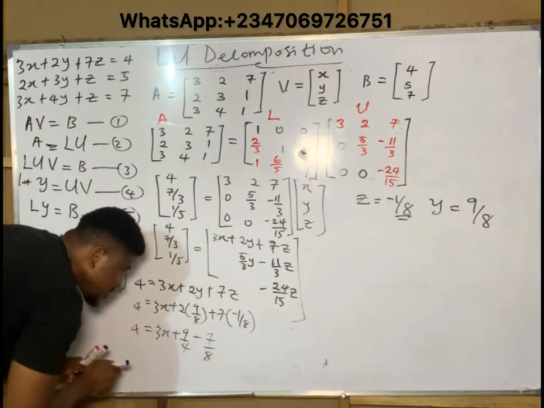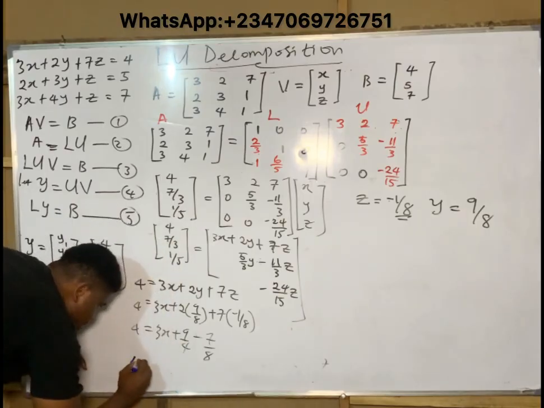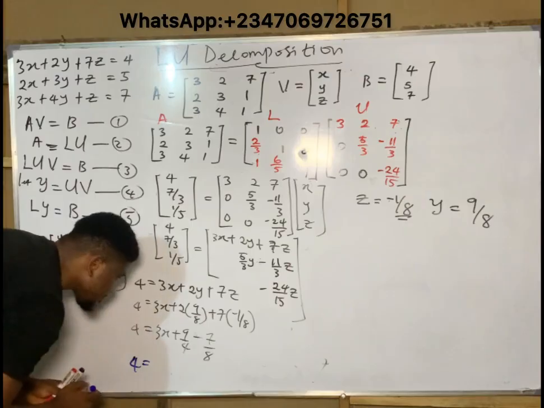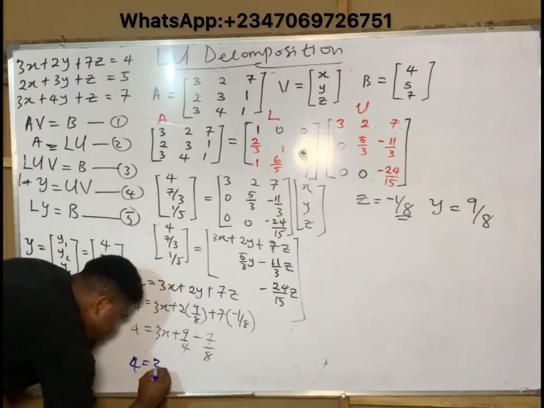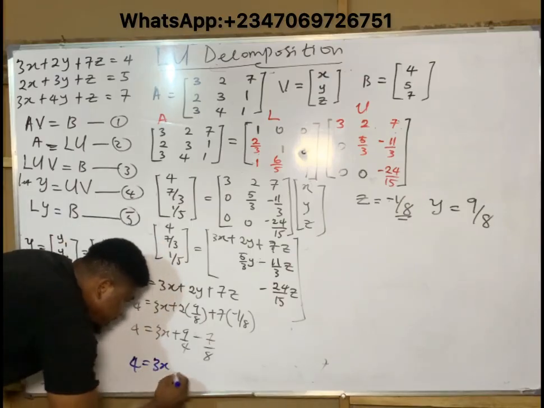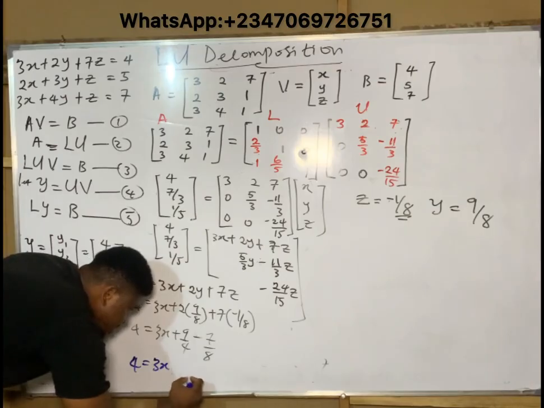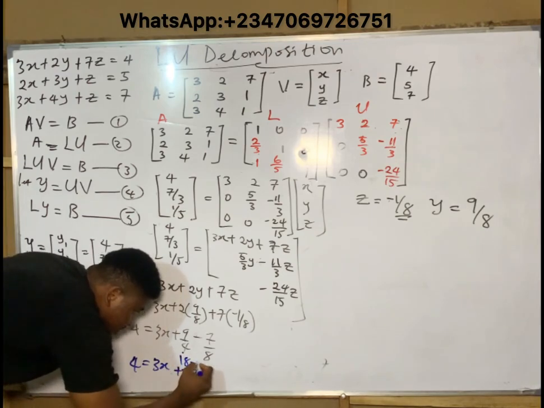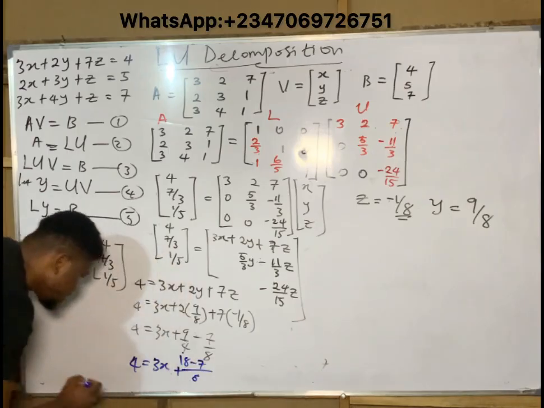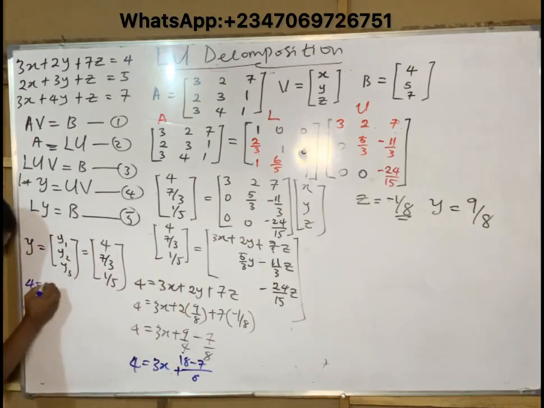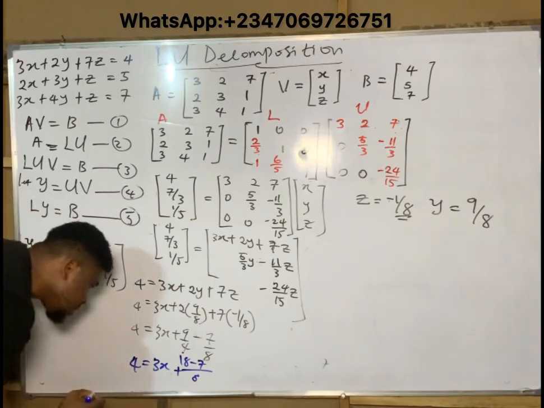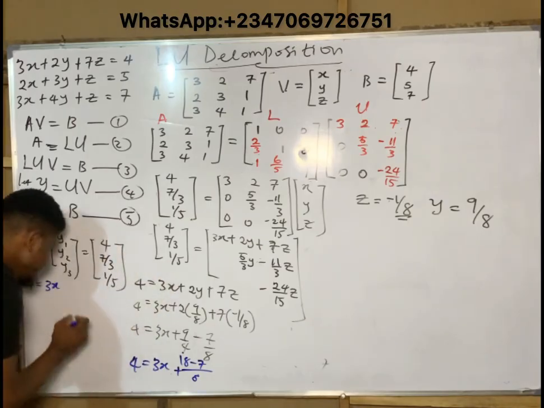Okay. So I'm going to have 4 is equal to 3x. The LCM between 8 and 4 is 8. So plus 8 goes into 4 is 2, 2 times 9 is 18. Minus 8 goes into 8 is 1, 1 times 7 is 7. So 4 equals 3x plus 11 over 8, since 18 minus 7 is 11.